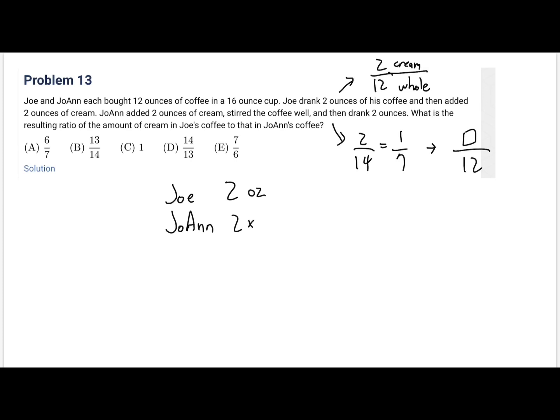So this has to be 12 over something. So in order to get this something, this is 12 over 7. So Joanne has 12 over 7 ounces. What's the resulting ratio of the amount of cream in Joe's coffee to that in Joanne's coffee? So it's 2 over 12 over 7, which is 6 over 7. So it's E. Problem 13 is E.